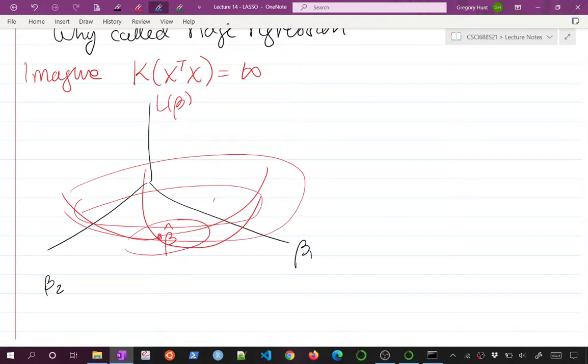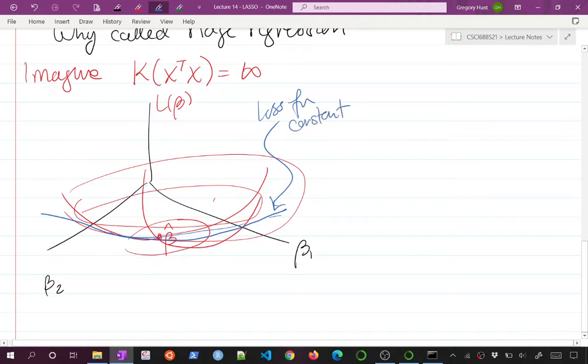If it turns out that X transpose X is non-invertible, there's some direction where the loss function is constant, and it's kind of a ridge.